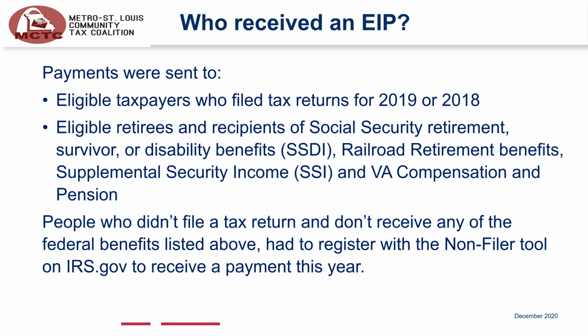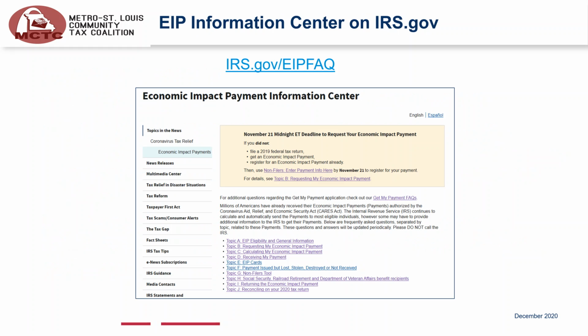Of course, they set up the non-filer website around June or July. And of course, that created some problems too, as you will readily see if you happen to be preparing a 2019 return. We'll cover that on a later slide.